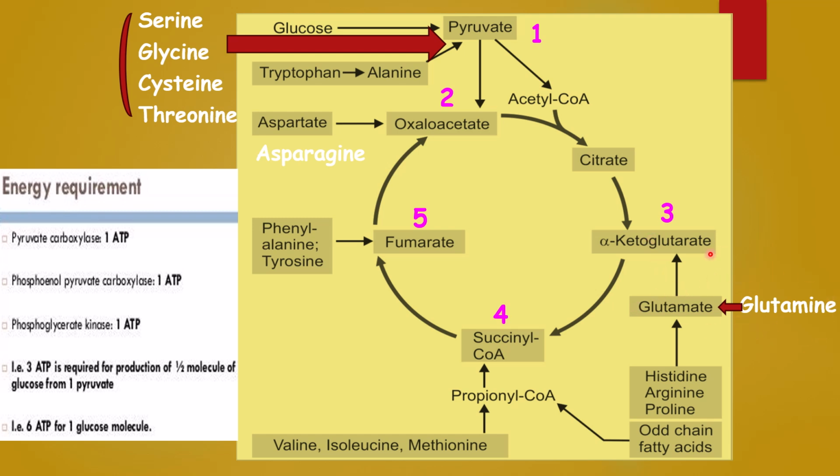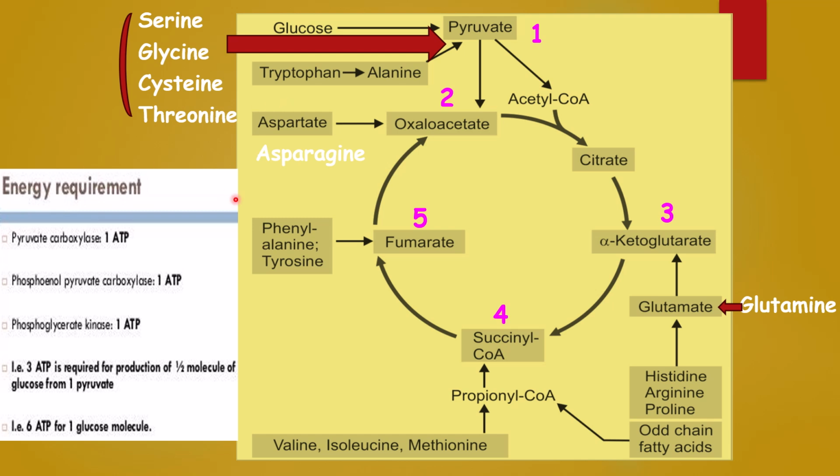Glutamate is convertible to alpha ketoglutarate. So you can see the volley of chains of reactions that happens. All are glucogenic amino acids except for leucine. Leucine is purely ketogenic. All the rest of the amino acids are convertible to any of the intermediates of the Krebs cycle, and this is how they are involved in gluconeogenesis.